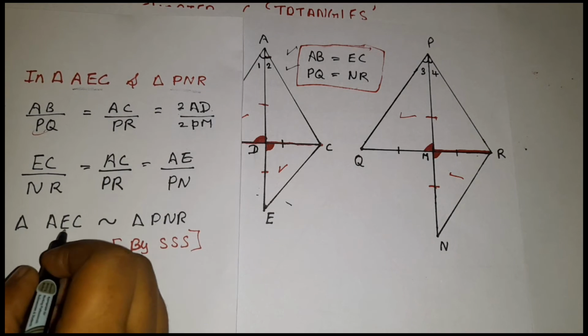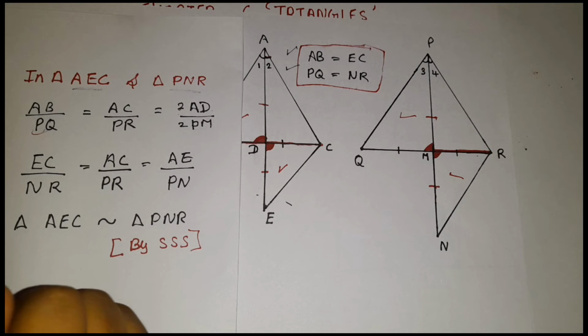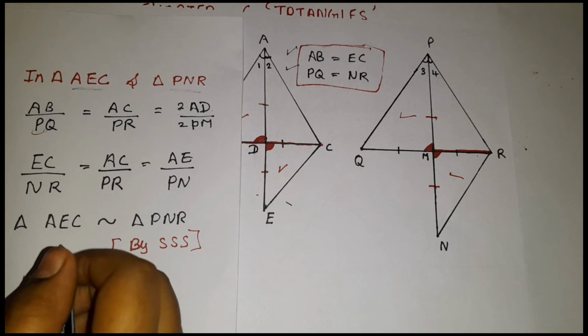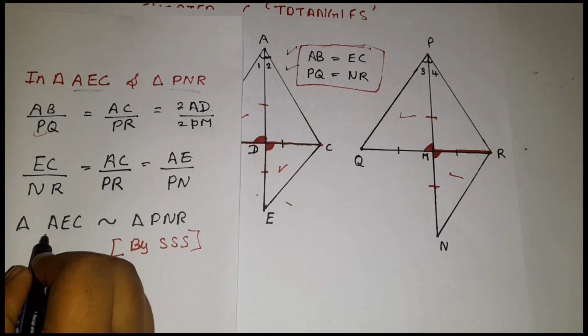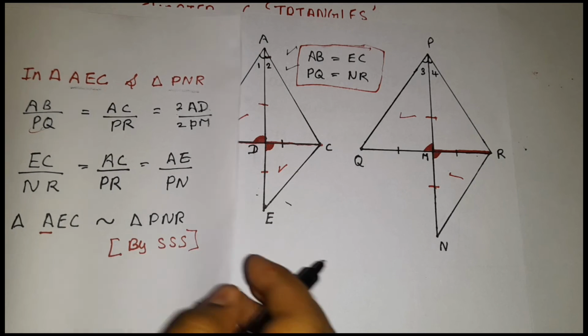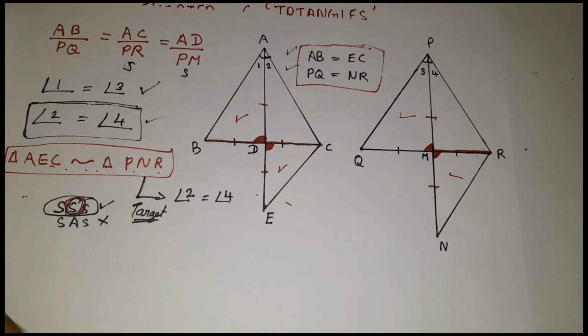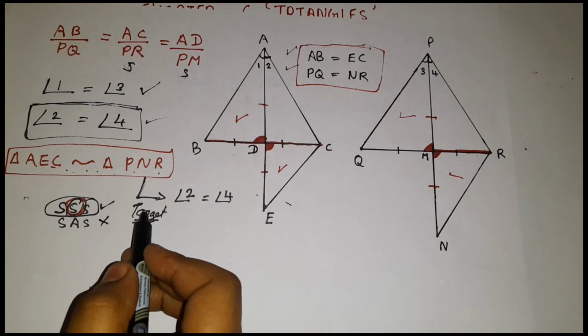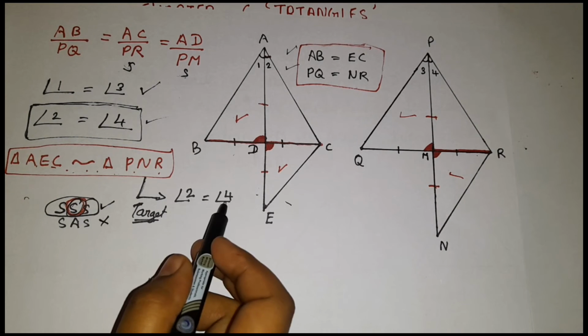Now, what is the main aim of proving it? The main aim, I am sorry guys, I just wrote the target here, right? The main target is angle 2 equal to angle 4.